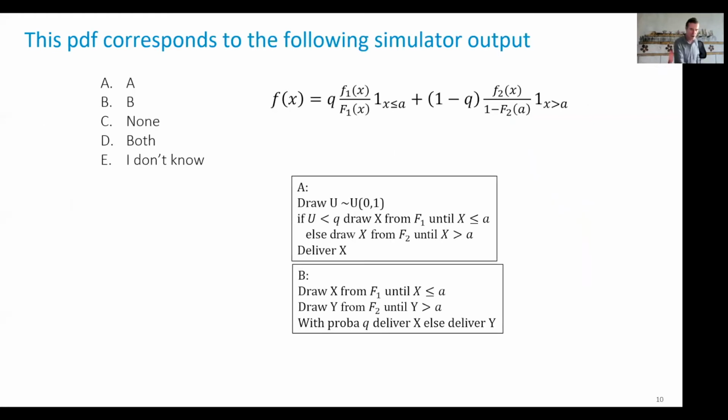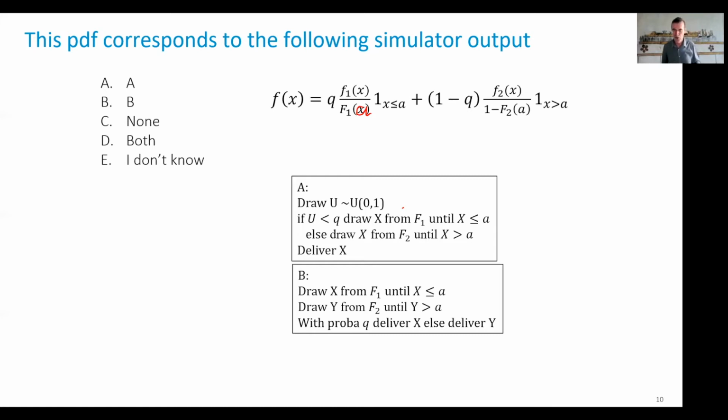When we're doing this, of course, with the correct fix, which is here, what is the interpretation of this mixing of distribution? Here I'm proposing two algorithms that propose an output that comes from this distribution.